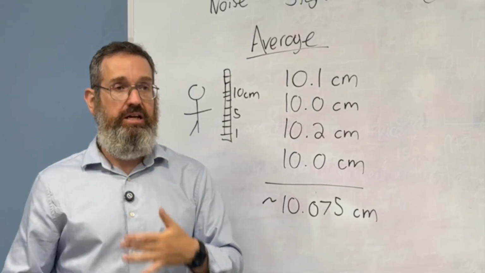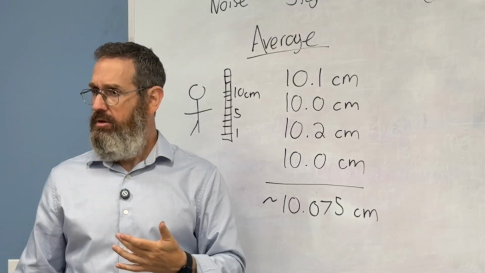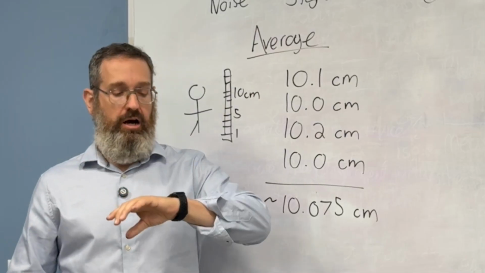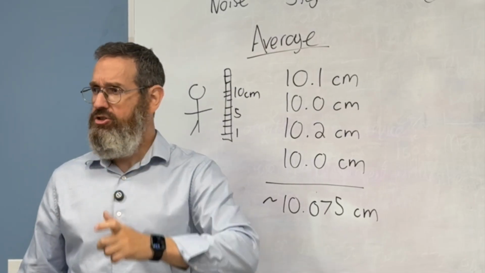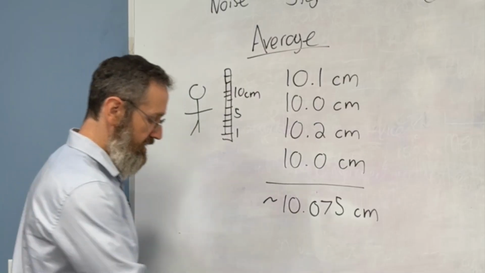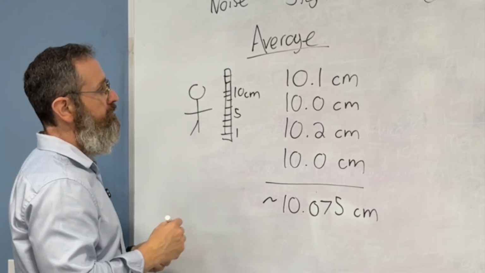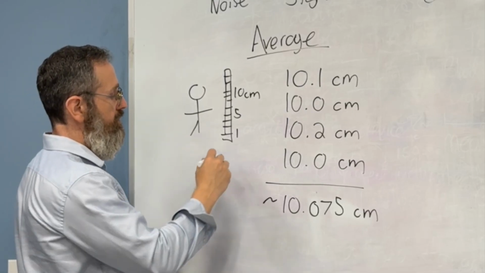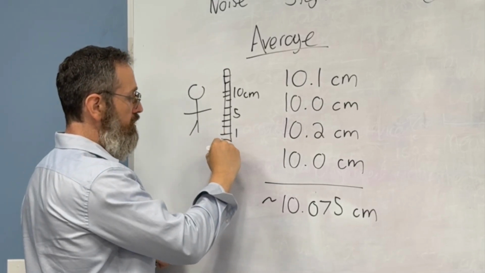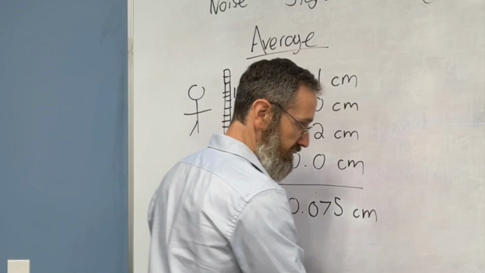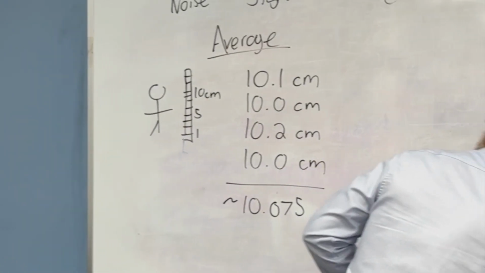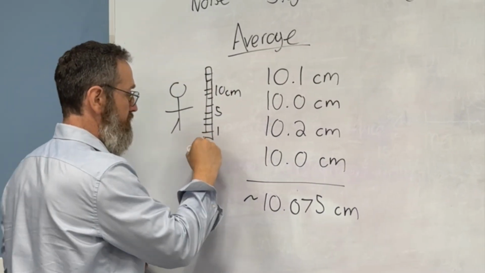Averaging is very powerful, right? It's very powerful, but it's very limited, and let me show you why. I'm going to add an issue here. The ruler that you were using had this little knob on the bottom.